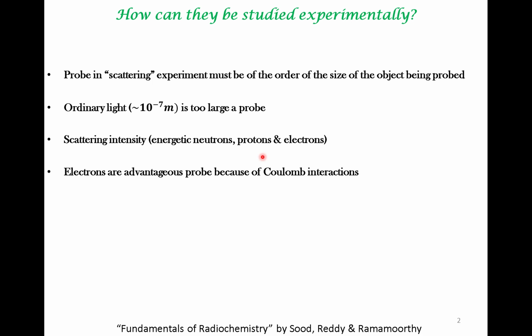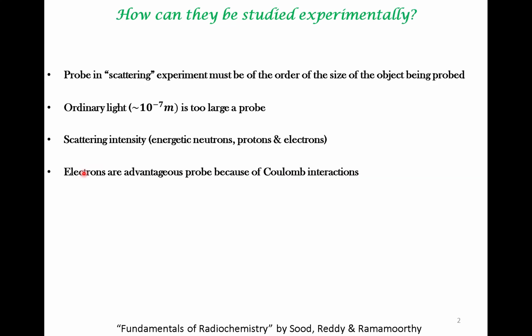So one of the ideal probes is the electron. Electrons interact via a familiar Coulombic interaction. In addition, they have an attractive interaction because electrons are negatively charged and the nucleus is positively charged. So this issue of Coulomb barrier will not exist if electrons are used as a probe for scattering experiments.